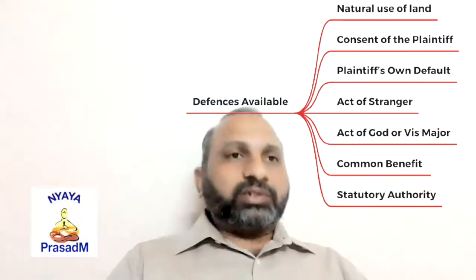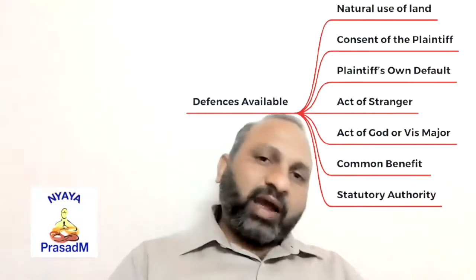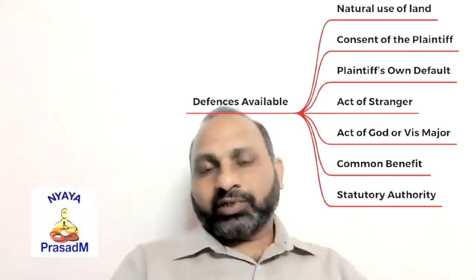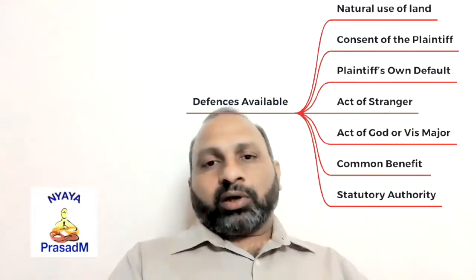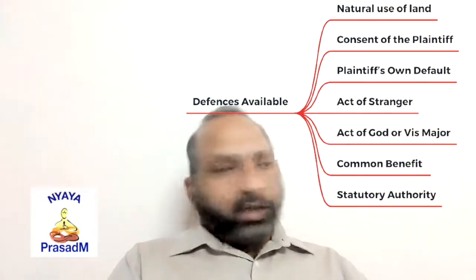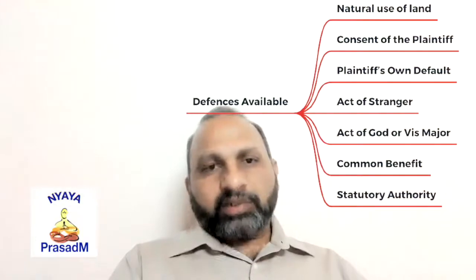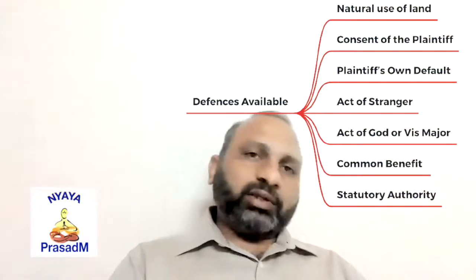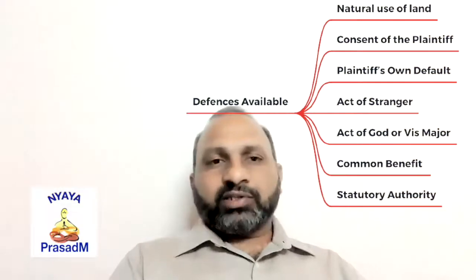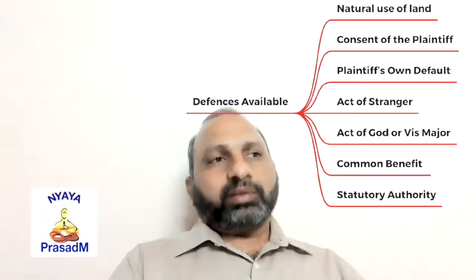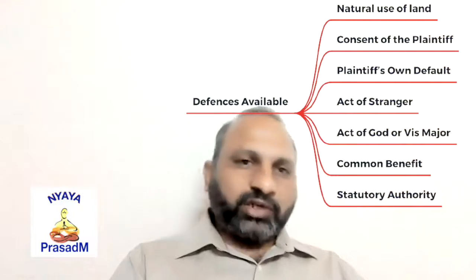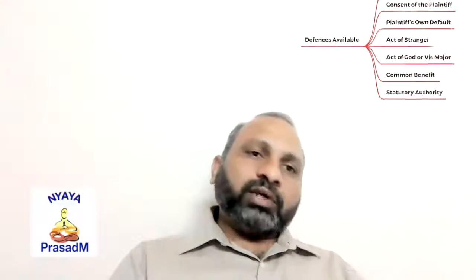You can say that such leakage or escape happened because of a common benefit to both. And the last defense is statutory authority. So these are the defenses that can come into picture in case of strict liability. However, the damages payable are compensatory in nature. After the mishap happens, the compensation will be paid.